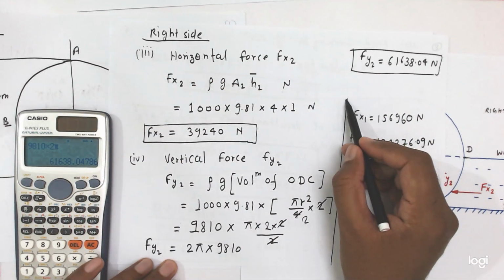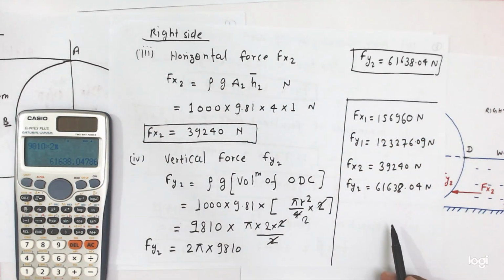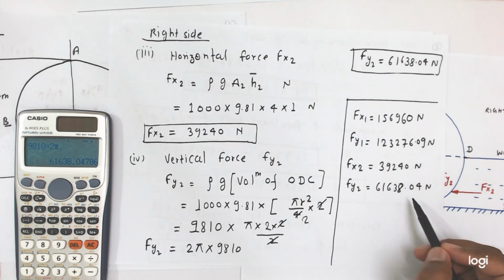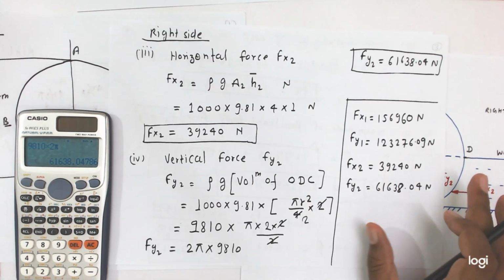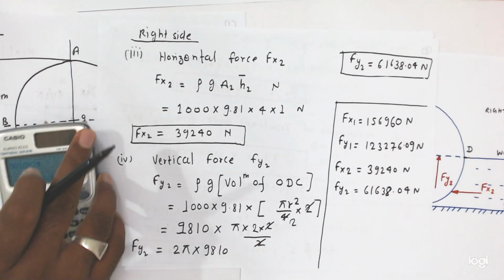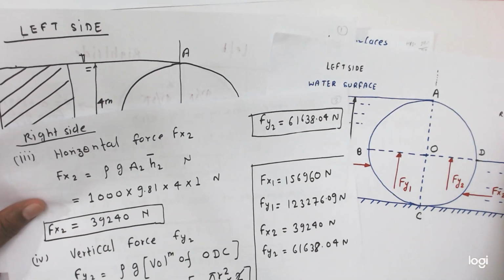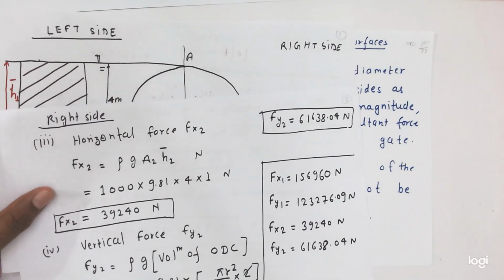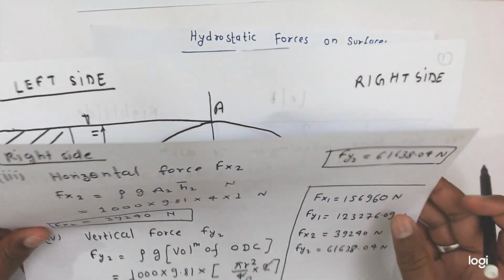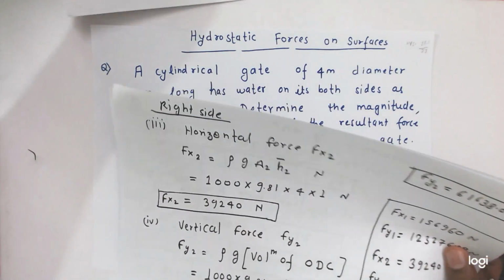So these 4 parts are calculated. Getting, friends? Now what we will do?